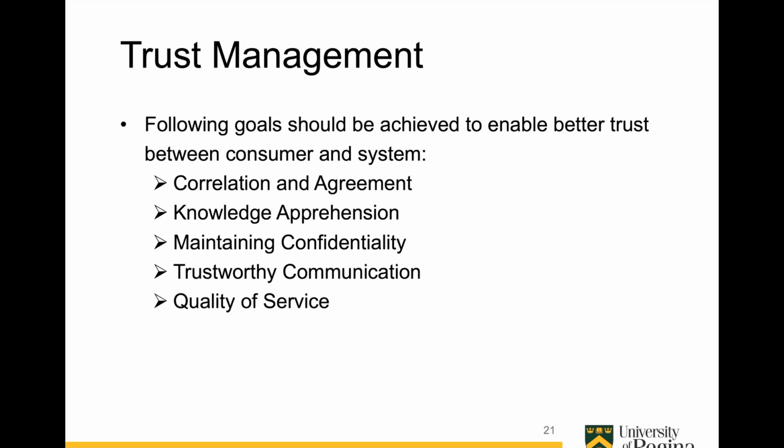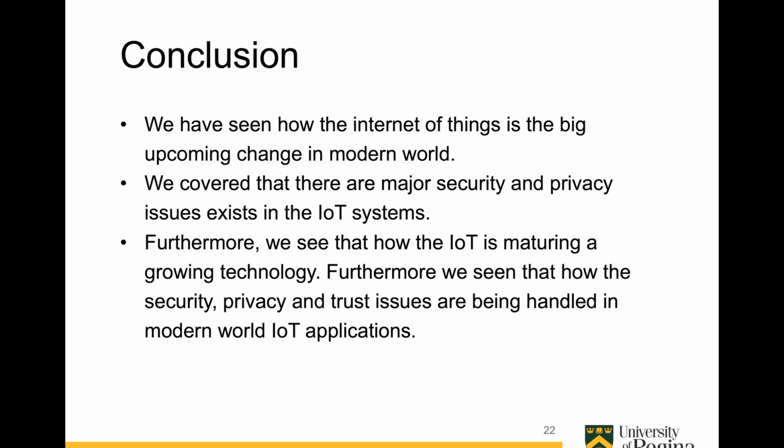Quality of service. The objective of a trust management system is mainly application specific. However, it requires support from the other layers too. Quality of service ensures that the service is provided to the right end user at the right time.